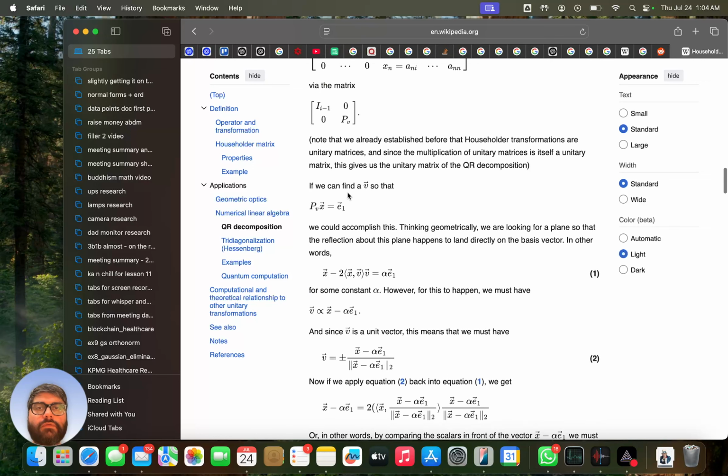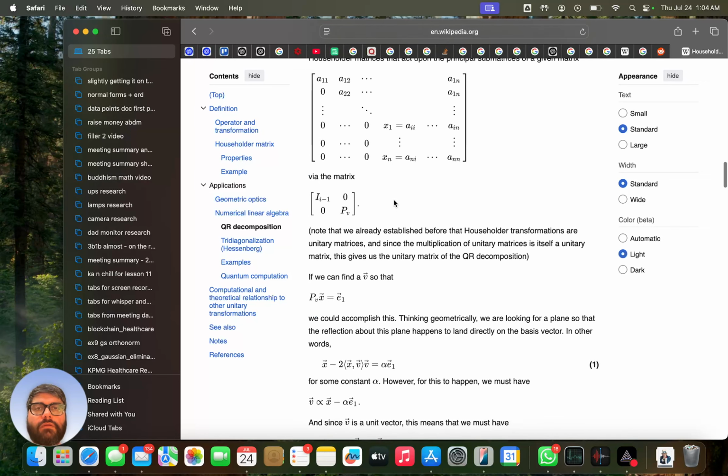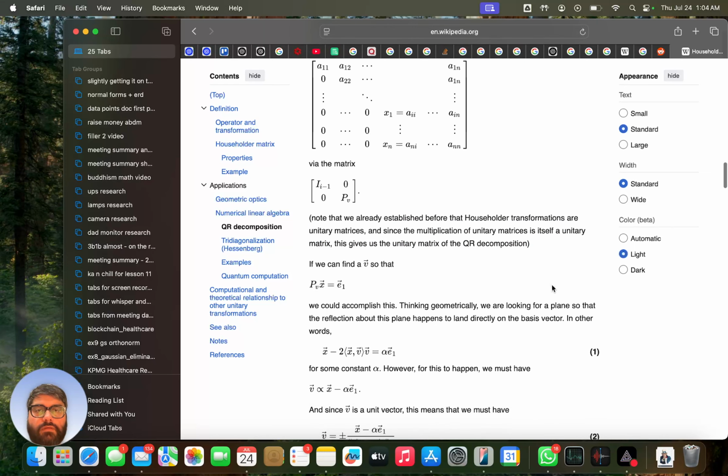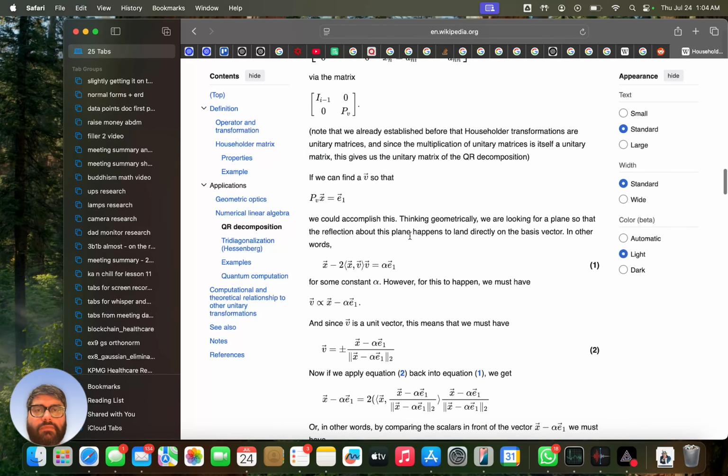I don't know what this is talking about. You're looking for a plane so that the reflection of this plane happens to land directly on the basis vector, in other words.